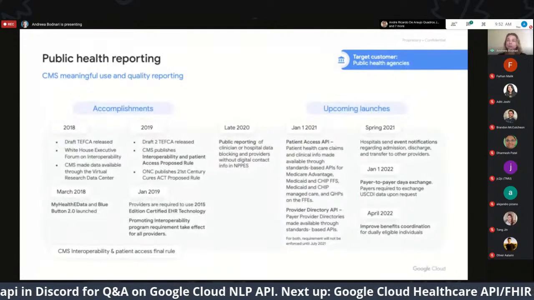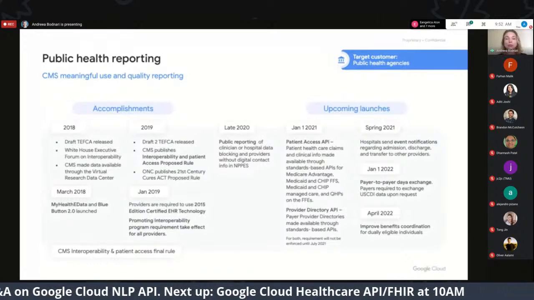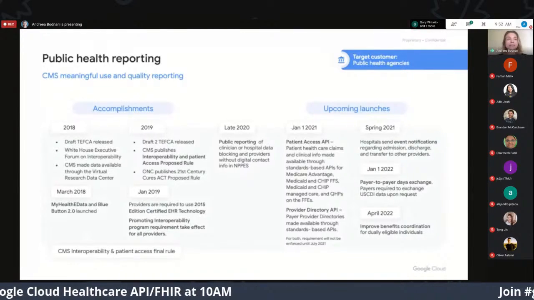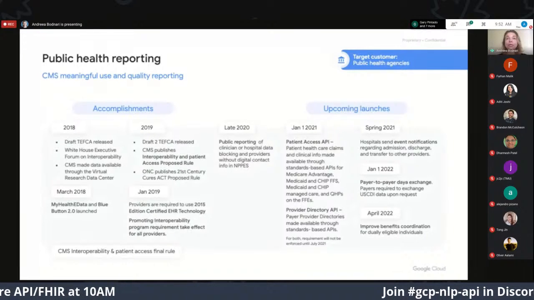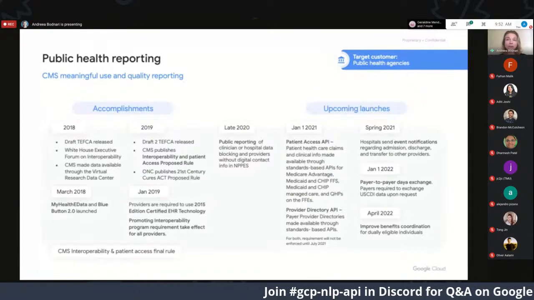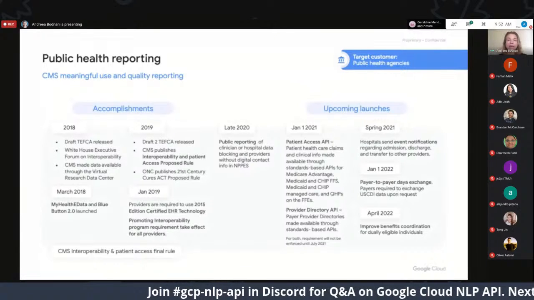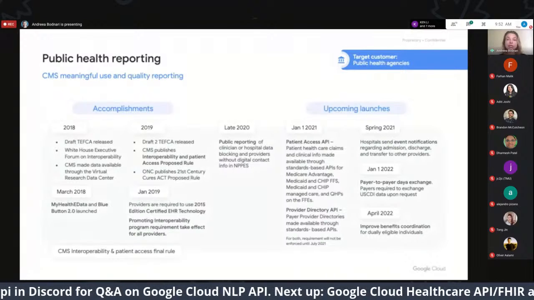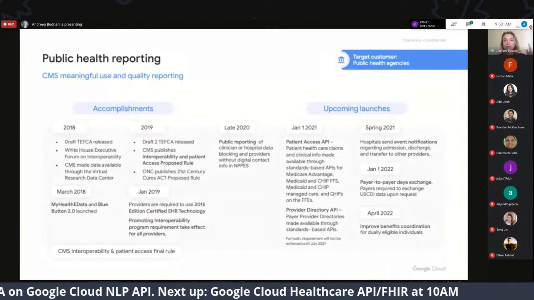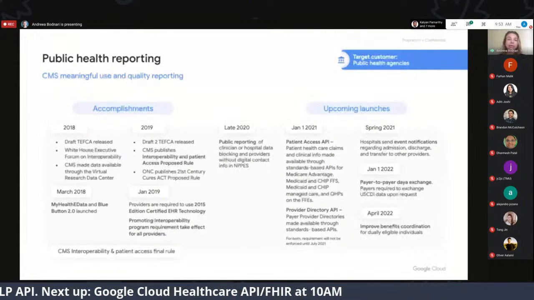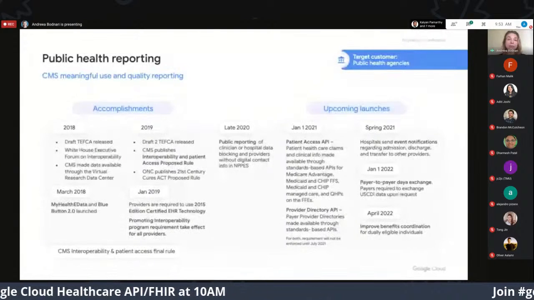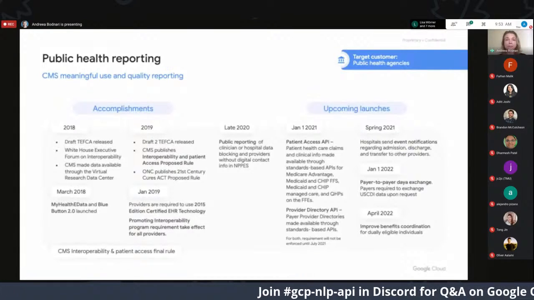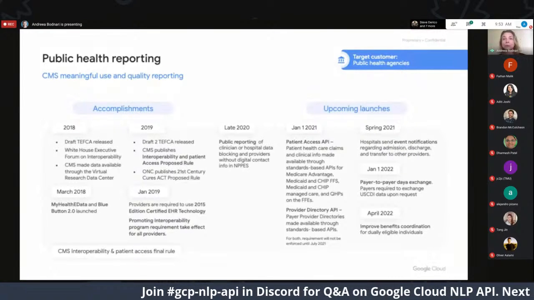Now, the last solution I wanted to walk you through targets public health agencies or the government. The government is a strong proponent of transparency and accountability for the healthcare industry, and they've been participating in the transition of the industry towards this big tenet of transparency and accountability with different types of regulations and different types of guiding rules.